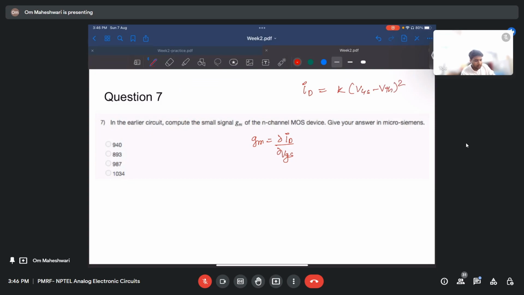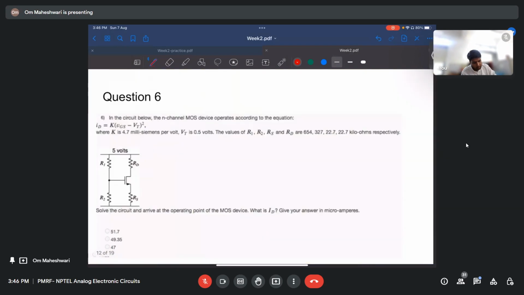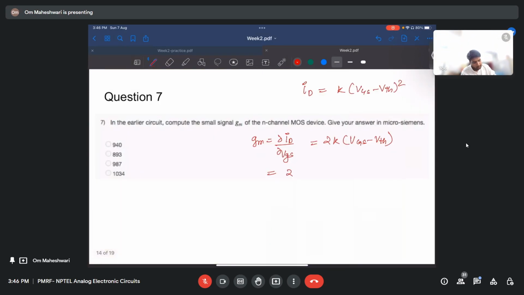So del ID by del VGS will be 2K times (VGS minus VTH). K was 4.7 milli, so 2 into 4.7 millisiemens.